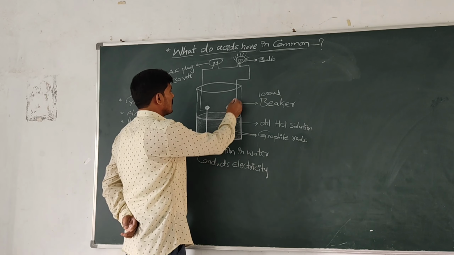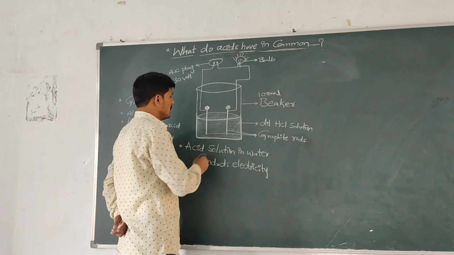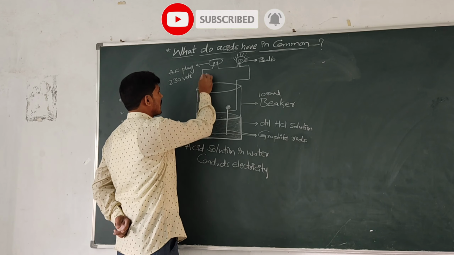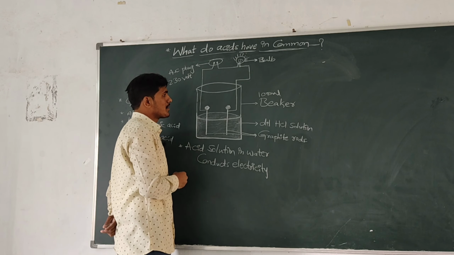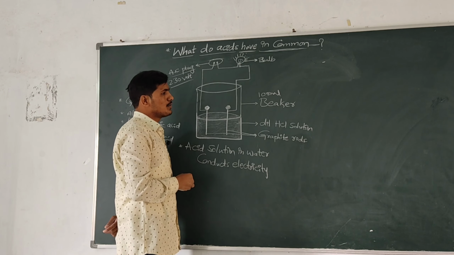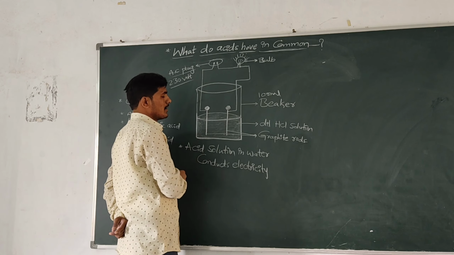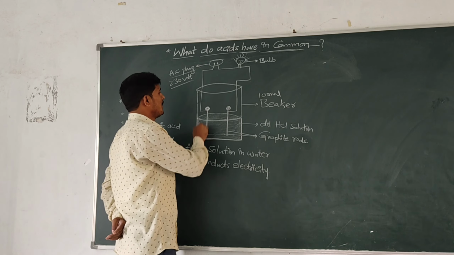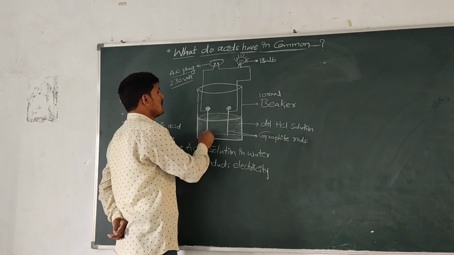Take a 100 ml beaker and keep 2 graphite rods in it, and take 2 different colored wires connected to the graphite rods.